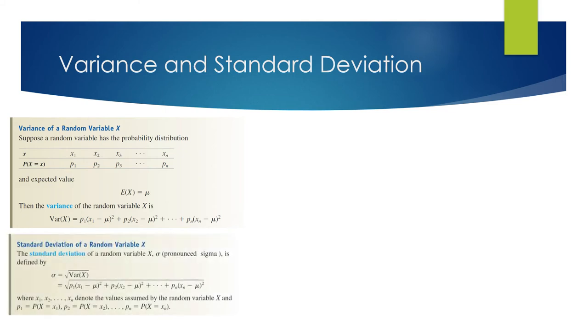Standard deviation is just the square root of this variance. What that square root does is tell me, on average, how well my average represents the data as a whole.